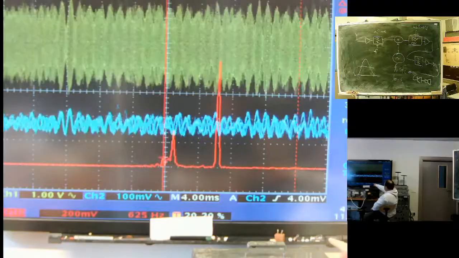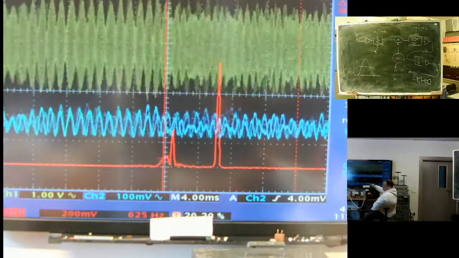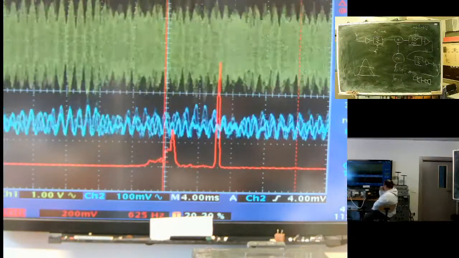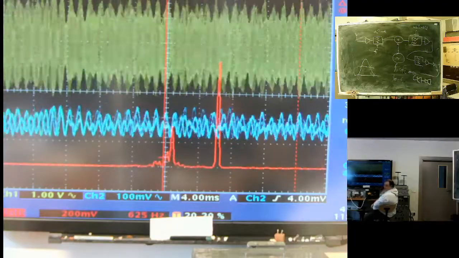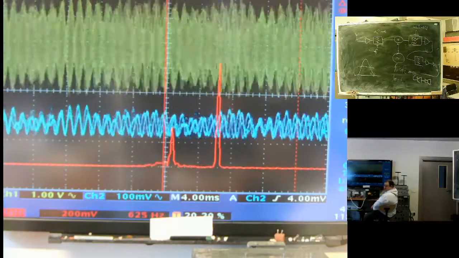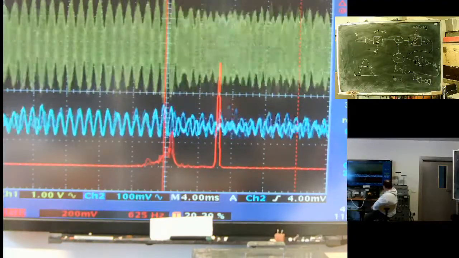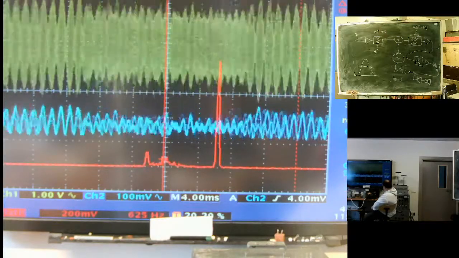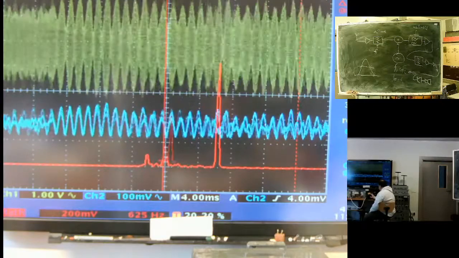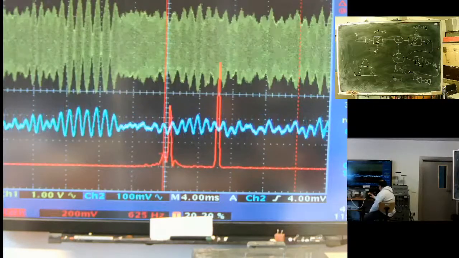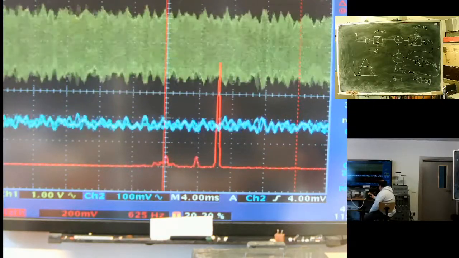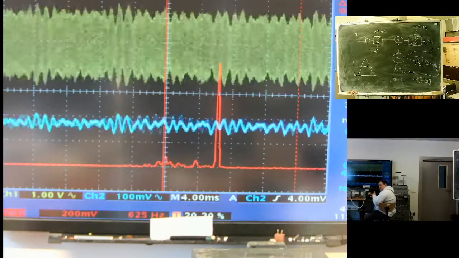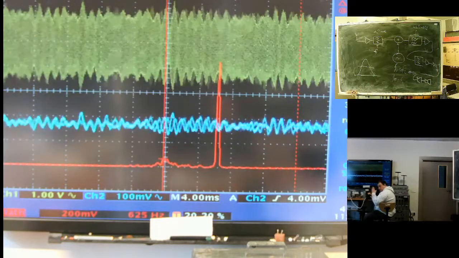Add the local heterodyne, and here it is. 10010009. I'm shifting frequency relative to the telegraph heterodyne.